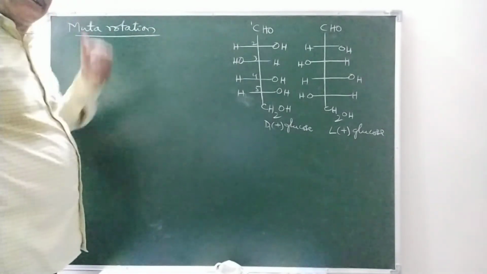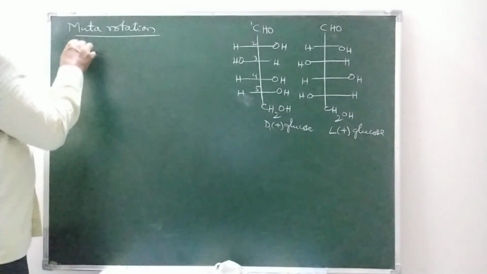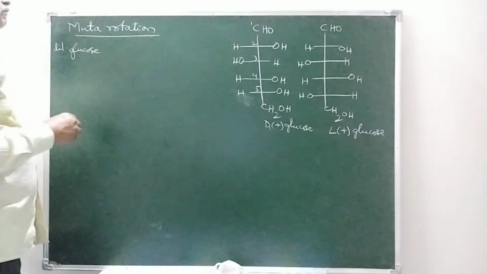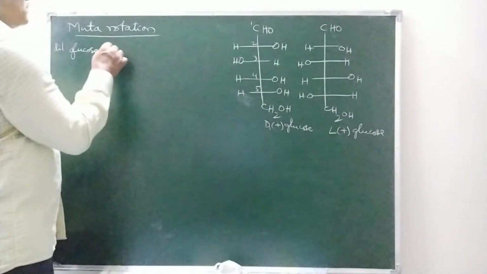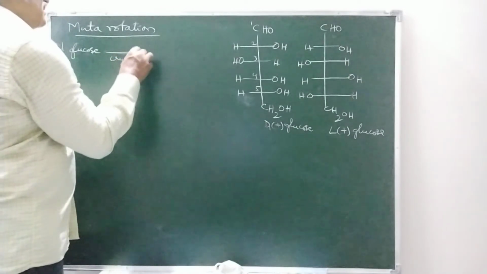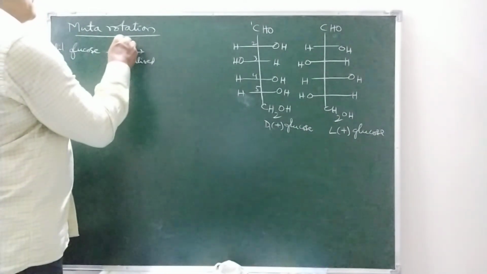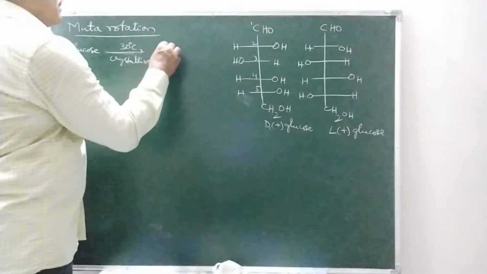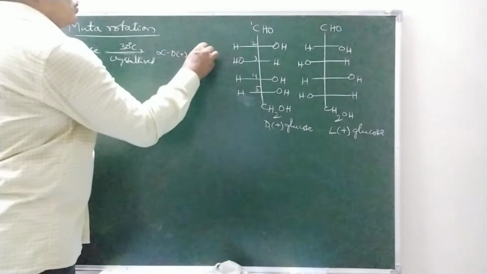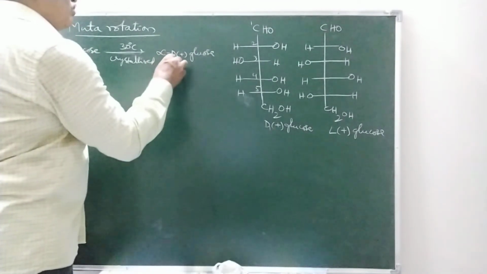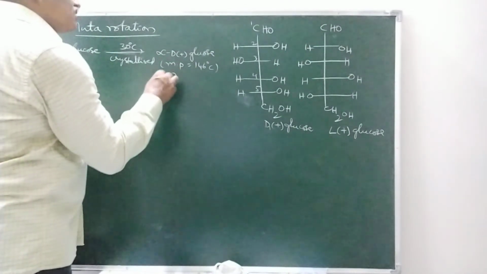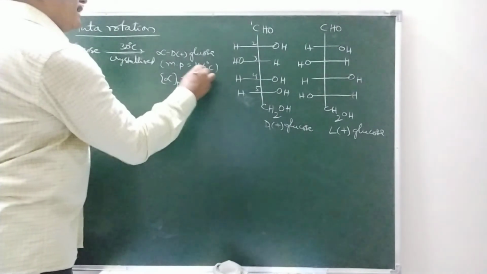When a dilute glucose solution is crystallized at 30 degrees Celsius, one form of glucose is formed, which is called alpha D plus glucose, whose melting point is 146 degrees Celsius and whose specific rotation, alpha D, is 119 degrees.